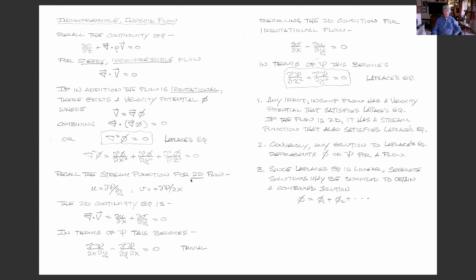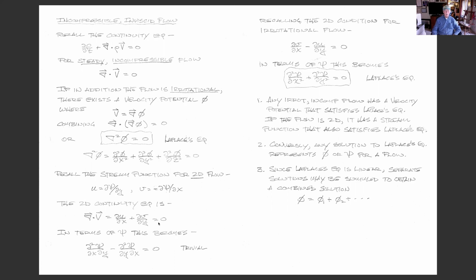What about the stream function for 2D flow? Incidentally, this works for 3D, I've shown it that way. And we have u is partial psi with respect to y, v is minus partial psi with respect to x. And another way to write the continuity equation down is to say it's partial u with respect to x plus partial v with respect to y equals 0.